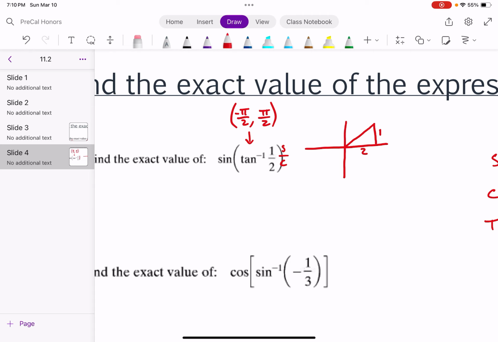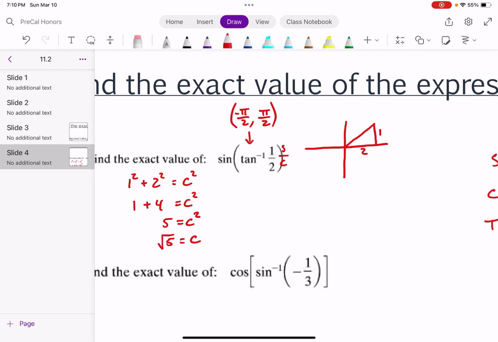We would go ahead and complete the Pythagorean theorem. So we would have 1 squared plus 2 squared is equal to c squared. 1 plus 4 is equal to c squared. 5 is equal to c squared, which would give us the square root of 5 is equal to c.